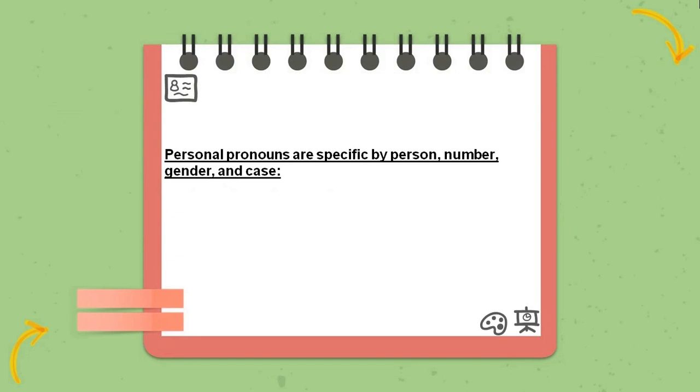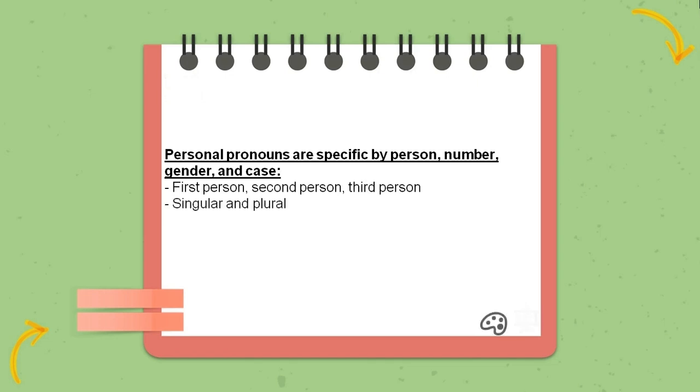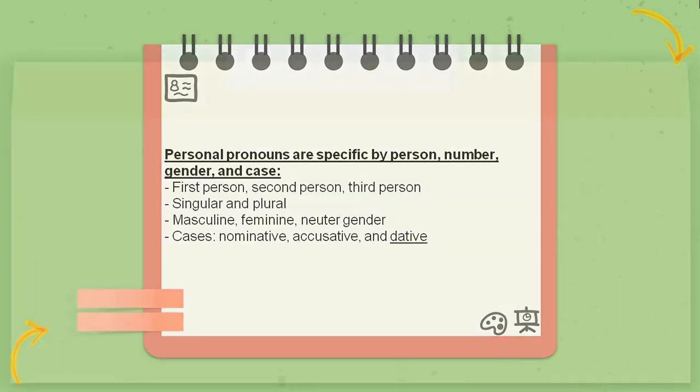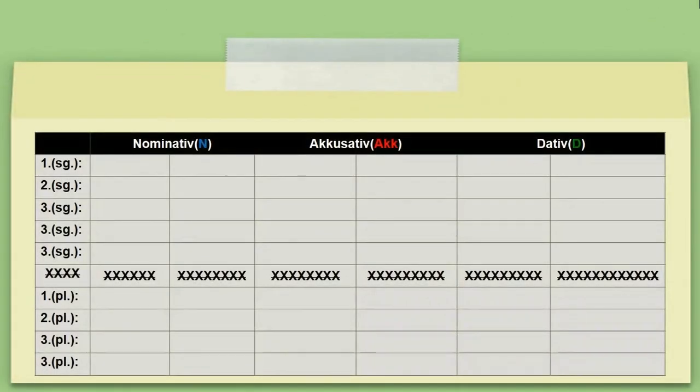For example, first person, second person, and third person; then singular and plural by number; masculine, feminine, and neuter by gender; and by case, nominative, accusative, or dative. Let's make a comparison with the nominative, accusative, and dative.